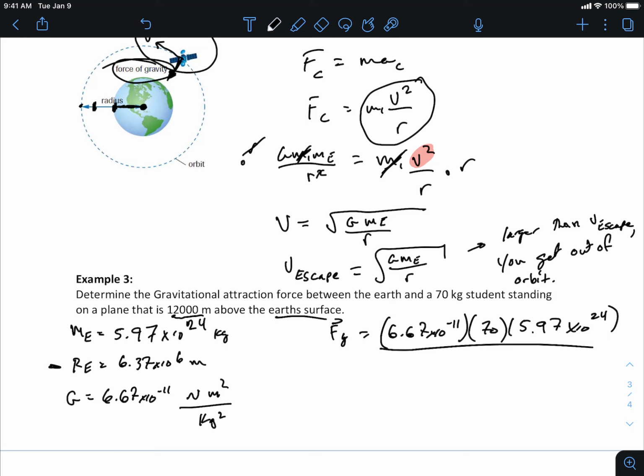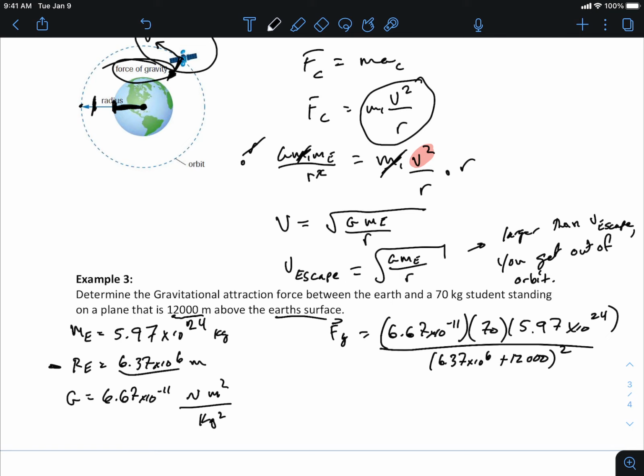So the radius for this particular question, this caught me off guard, we're going to have the original 6.37 times 10 to the 6, that's this piece here of Earth right to the surface, but then they're in a plane flying above the Earth's surface, 12,000 meters.